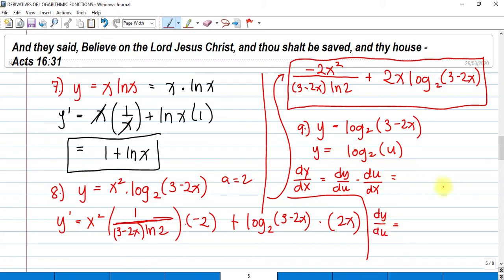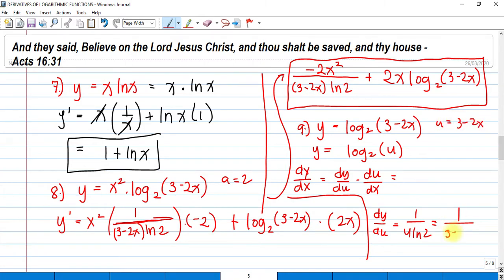this is our y. So by formula, we have 1 over u ln of a, which is the 2. So 1 over u ln of 2, that is 1 over, our u is simply, u is equal to 3 minus 2x.